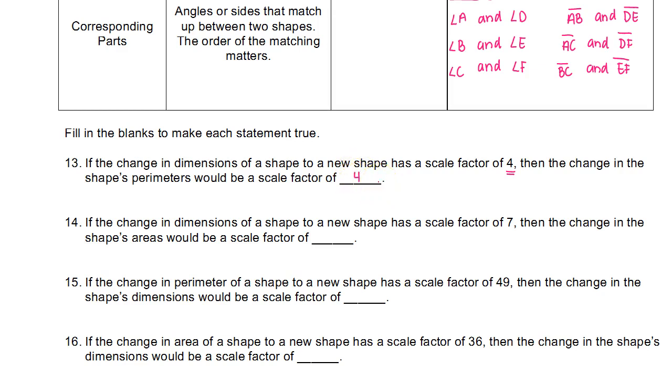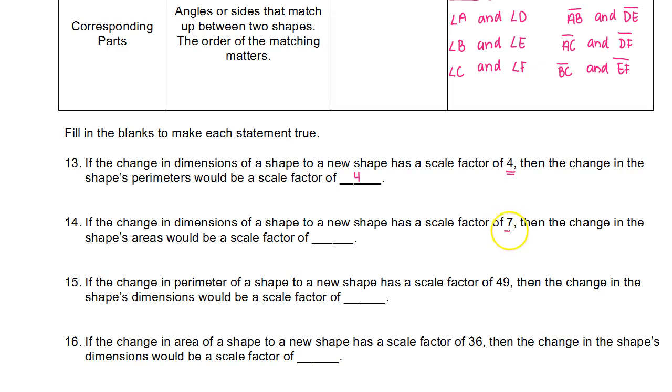So remember, if I double the side lengths, I'm going to double the perimeter. So if the perimeter is times 4, then the side lengths are times 4. Those will always match.